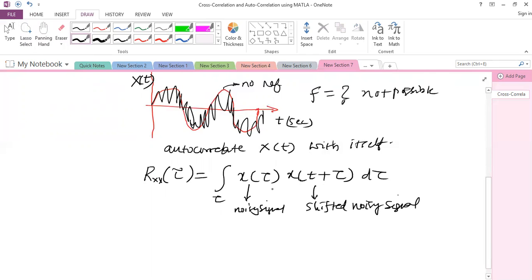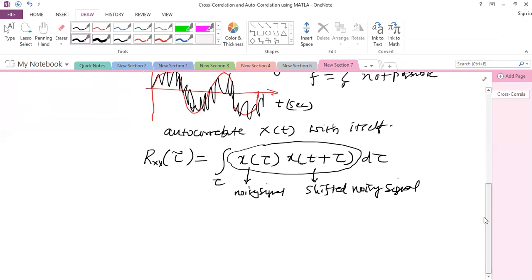So for different amounts of shift, you take the dot product, multiply element by element, and get the area under that curve. Integration is the area under the curve. That gives the amount of similarity. Okay. So we'll understand with a simple example.